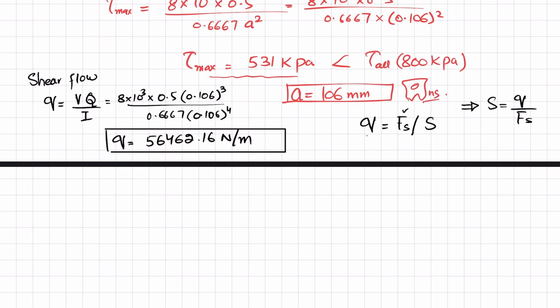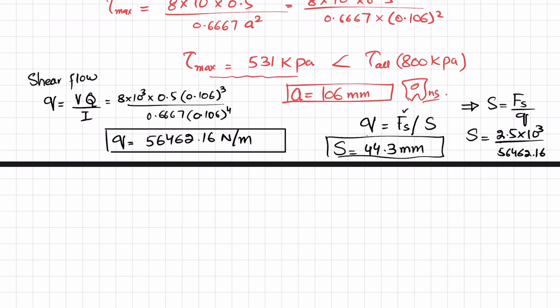So this S will be equal to Fs over Q. Fs is 2.5 kilonewton, so 2.5 into 10 to the power 3 divided by Q, which is 56462.16. When you solve this, you will get the spacing as 44.3 millimeter. And this is the spacing between the nails.